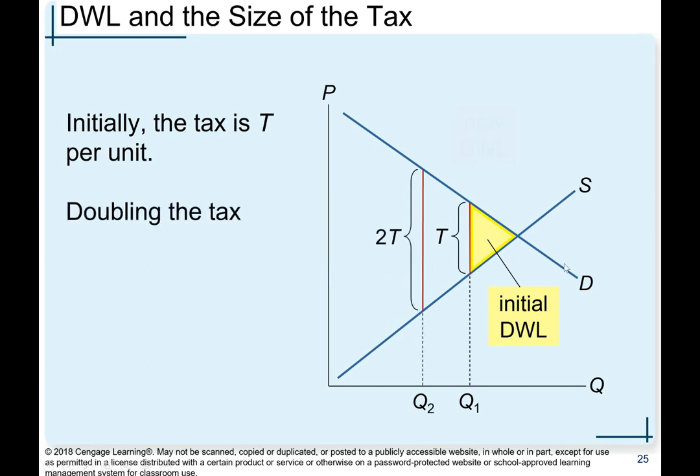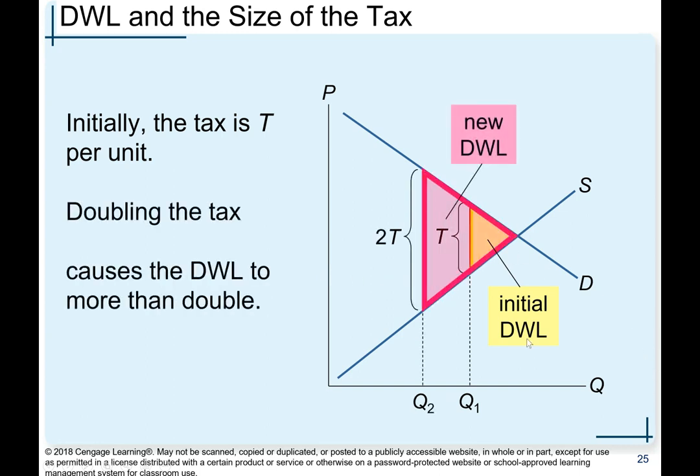If you double the tax, you can see that the new area of this trapezoid is more than twice as large as that initial deadweight loss. So doubling the tax leads to more than double the size of the deadweight loss.